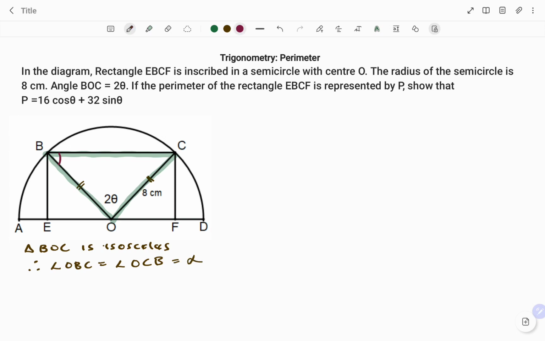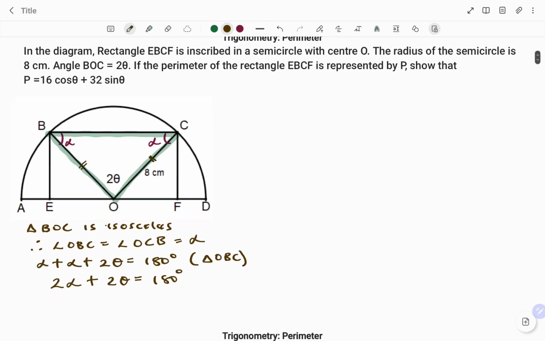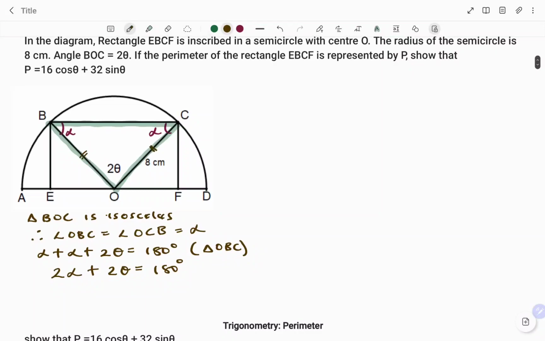So let me tag that in the diagram. This alpha, and this is also alpha. So therefore, using the properties of the sum of angles in a triangle, I have alpha plus alpha plus 2 theta equals 180 degrees. So therefore, 2 alpha plus 2 theta equals 180 degrees.